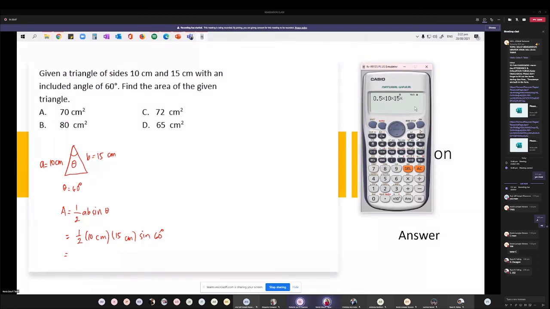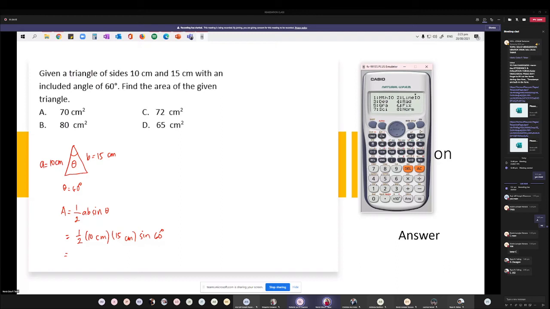Make sure, by the way, that the mode of the calculator is degrees. On the screen of the calculator, there's a small d in the upper part, meaning it's in degrees. You can change the mode by pressing shift and mode, meaning you are changing the setup. We have option 4 for radians and 3 for degrees.